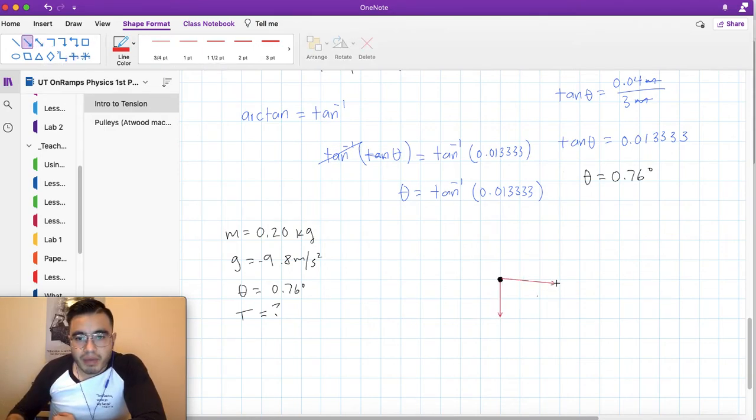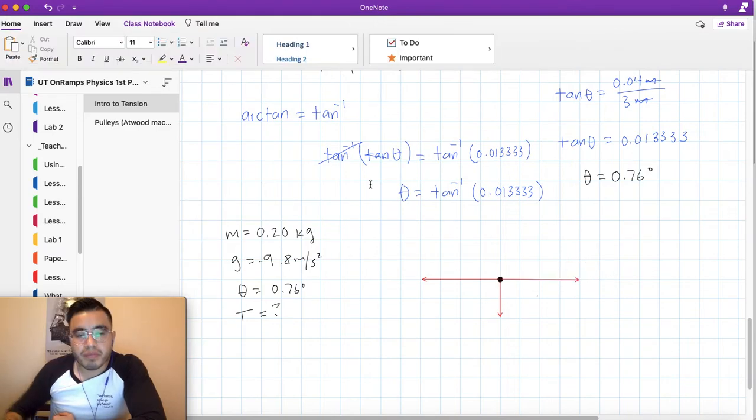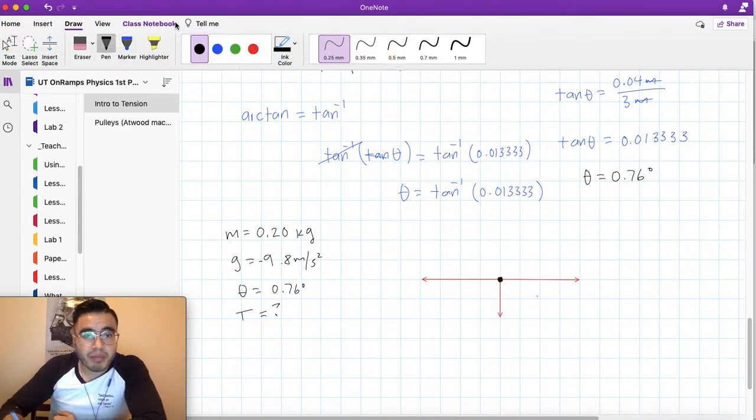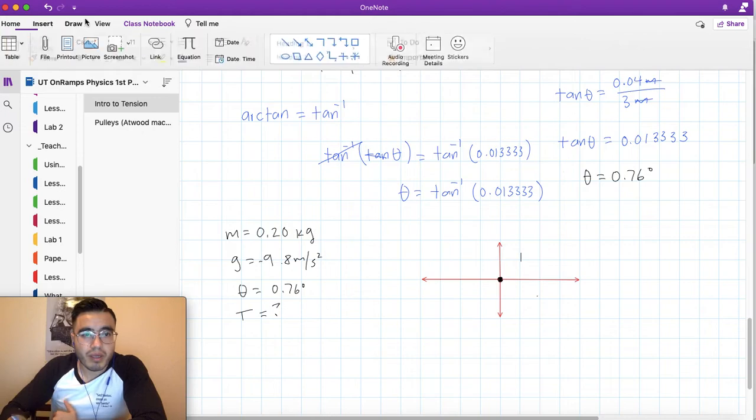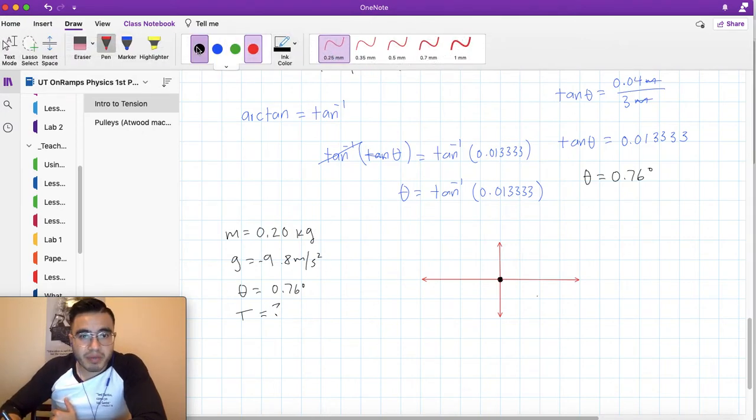And then we have one component along the X, the second component along the X, there you go. And you have a component along the Y direction. Now when we label, we have to be careful because it's very easy to make a mistake over here, okay?